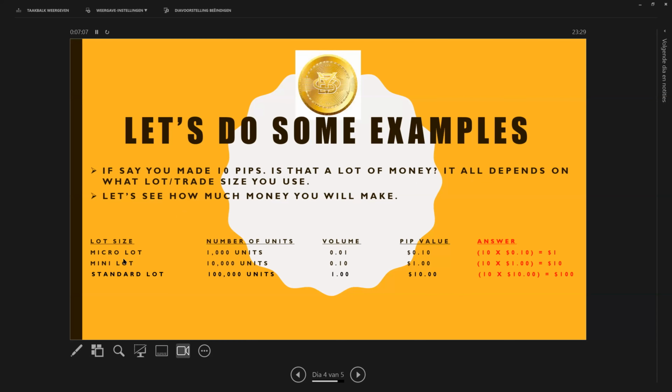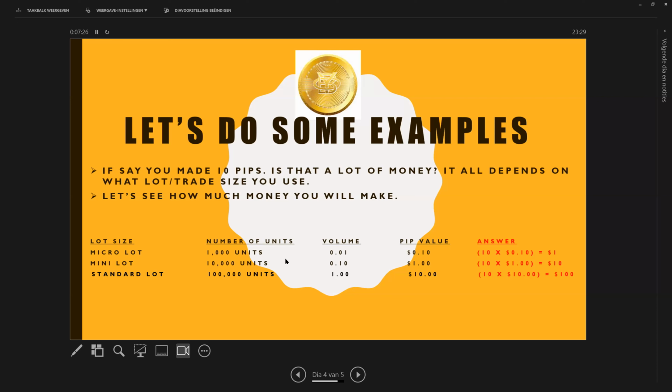So here we can see that one micro lot, like we just said, is 1,000 units. The volume is 0.01 of the standard lot. It's worth 10 cents per pip.